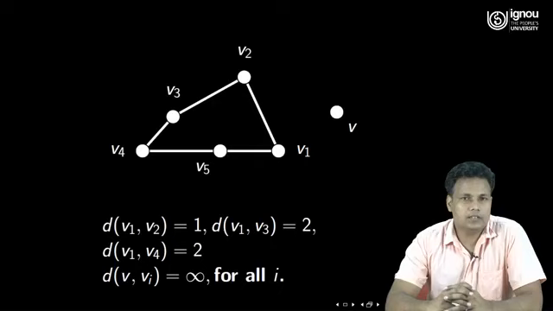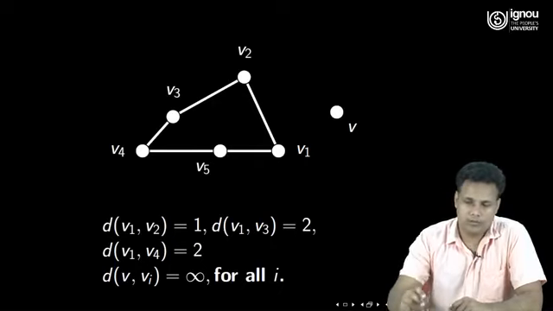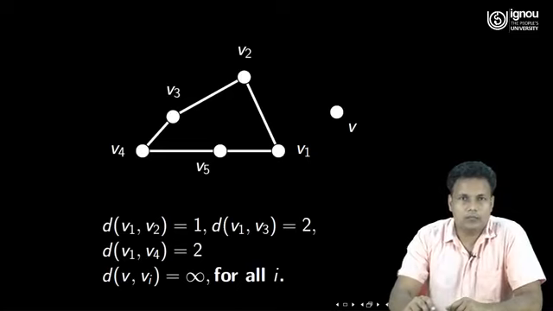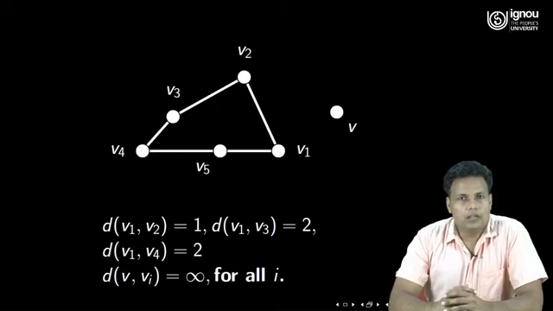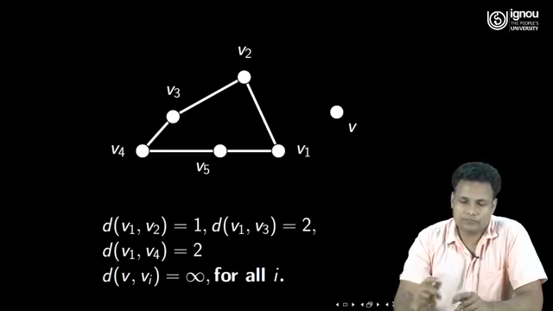Similarly, you can see that the distance between v1 and v4 is 2. Now look at the vertex v and any vertex on the cycle in the first component. There is no path from v to any of the vi's, and hence the distance from v to vi is infinite for all i.